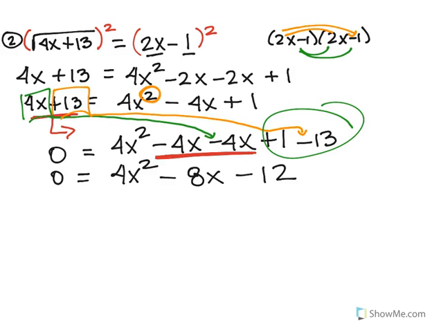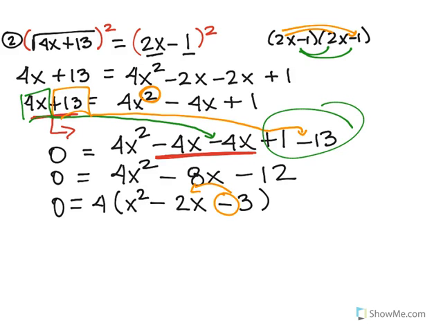Now, before I factor it, I would take off a what? GCF of who? 4. Good. That helps your factoring. Take that GCF off. So that's going to give you x squared minus 2x minus 3. And so that's an easier factor.